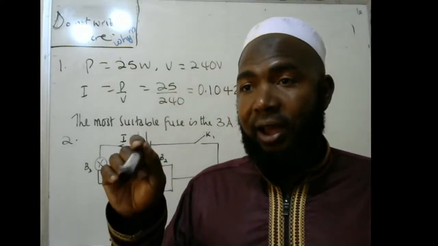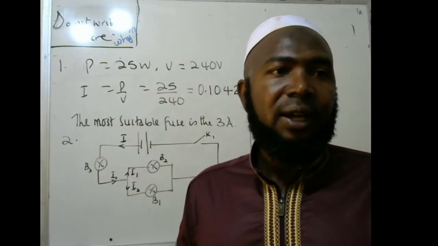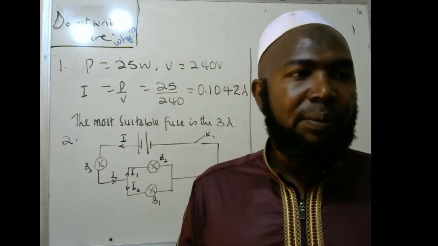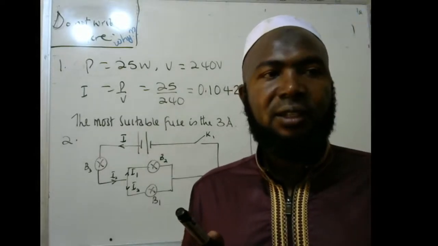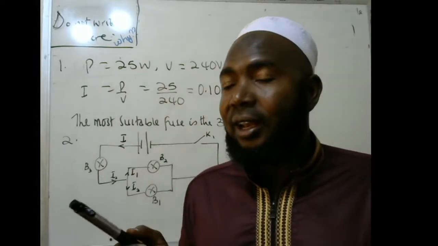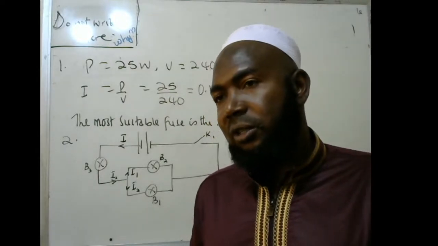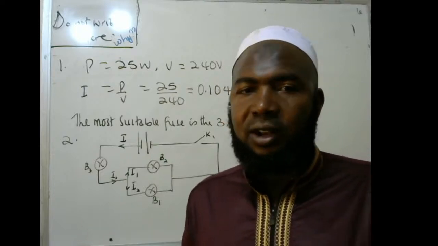Tungsten is the coiled wire within the bulb. And in so doing, it increases its operating temperature. Otherwise, if we don't do that, the tungsten will condense and then blacken the bulb.